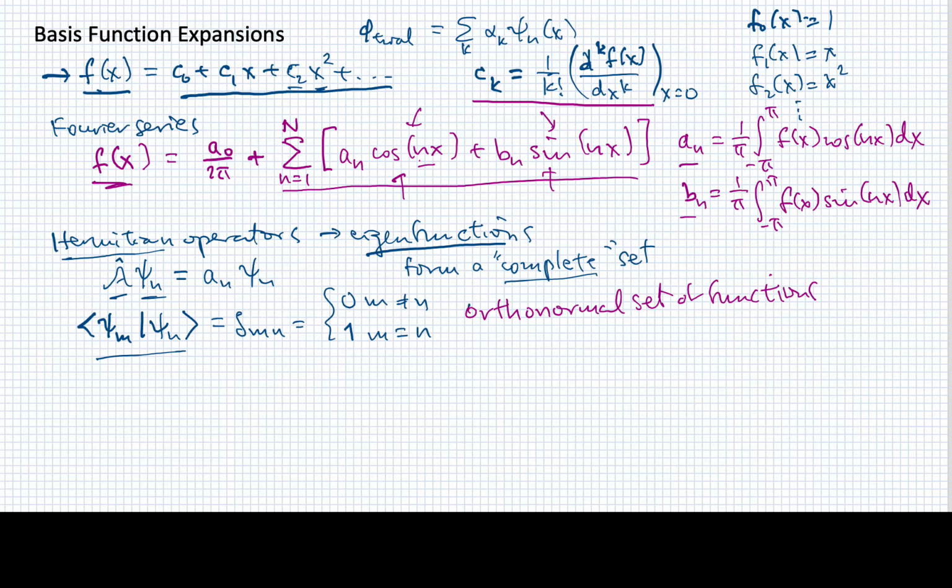So that means that any function f of x that is well behaved, and when I say well behaved, I mean it is smooth, it is continuous, it has a continuous first derivative. So all of the things that make a wave function be a valid wave function for matter in quantum mechanics. If f is a function like that, then we can write it as a series of these eigenstates.